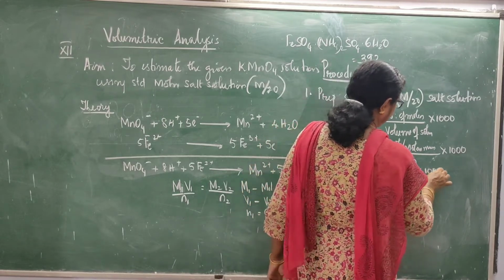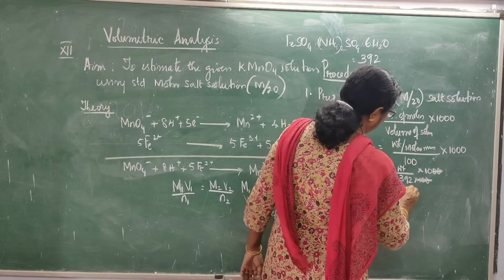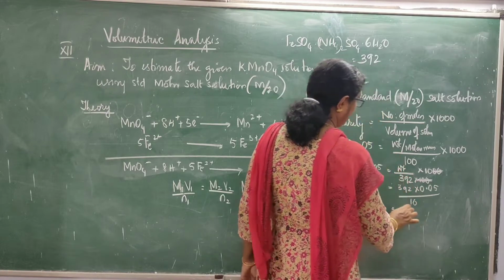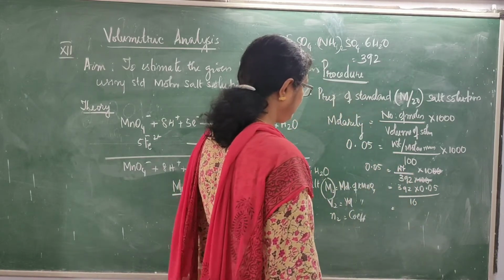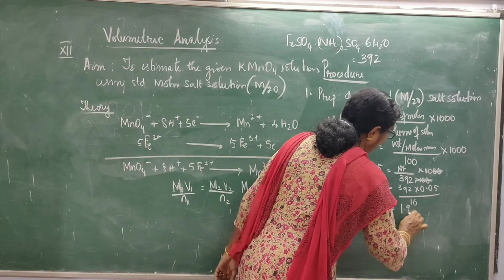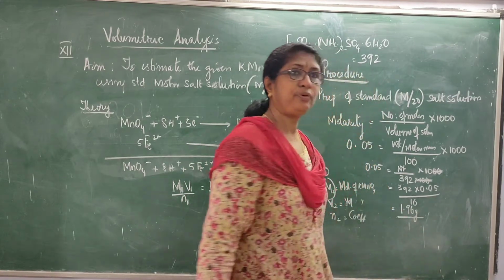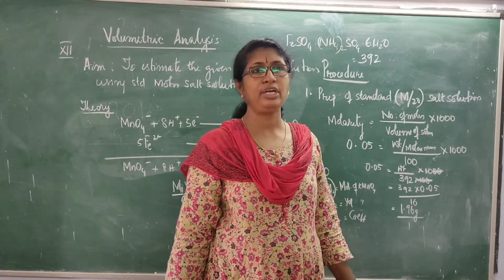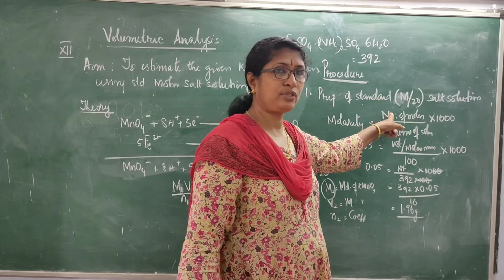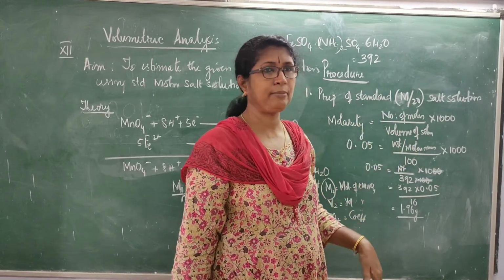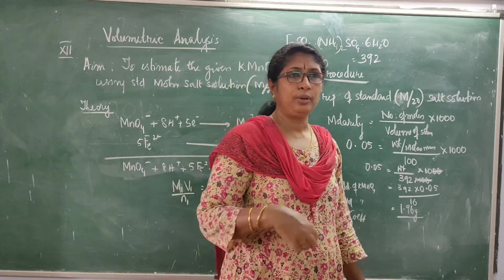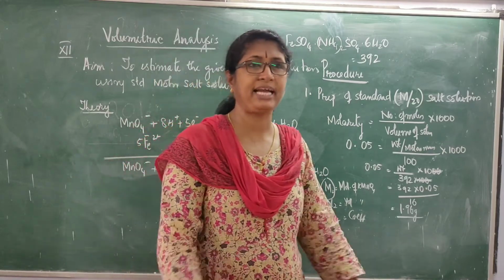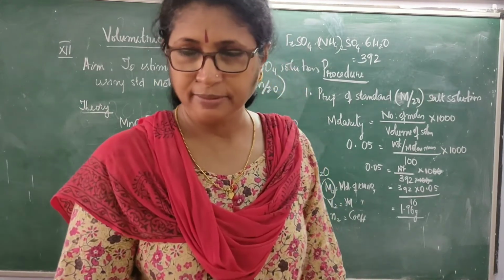That means mass is 392 into 0.05 by 10, which is 1.96 gram. So if you take 1.96 gram of Mohr's salt and dissolve it in 100 ml solution, you will get M/20 Mohr's salt solution. Using this M/20 Mohr's salt solution, we are going to estimate the potassium permanganate solution. That is the theory behind it. Now we are going to do the procedure.